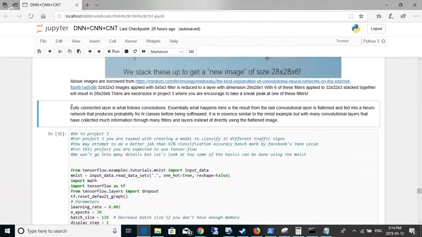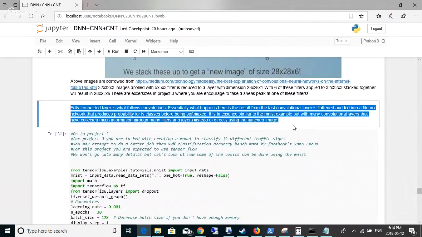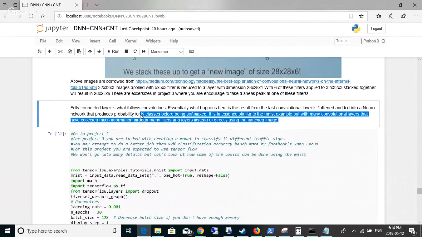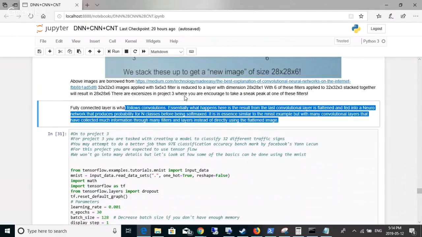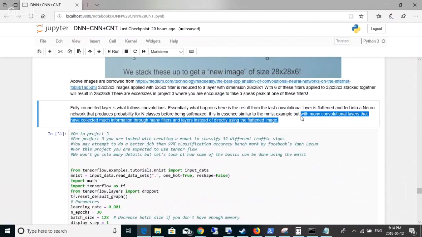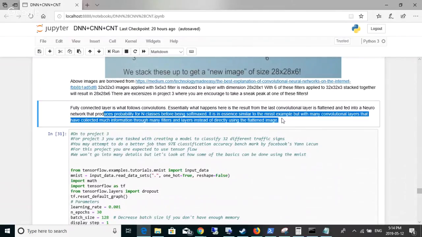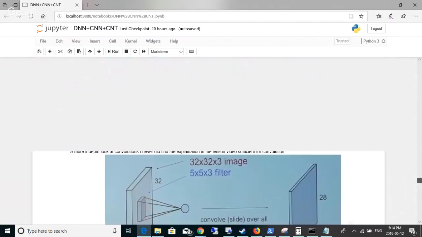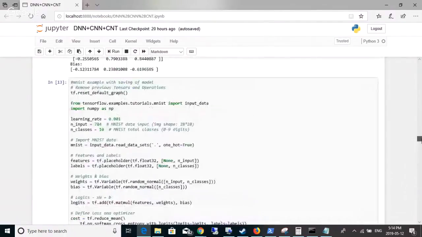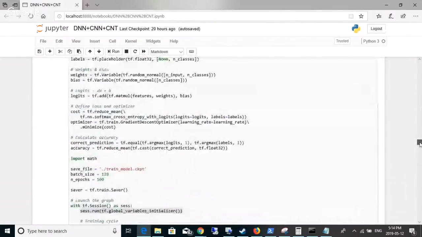Okay, and so an idea about the fully connected layer. The fully connected layer is what follows the convolutions. Basically, the result of the last convolution layer gets flattened and fed into the neural network, similar to what was done with MNIST.